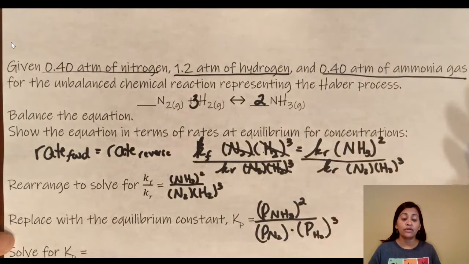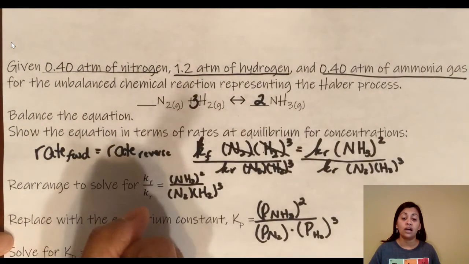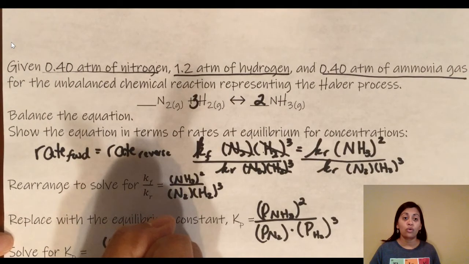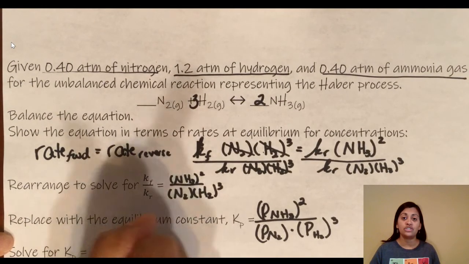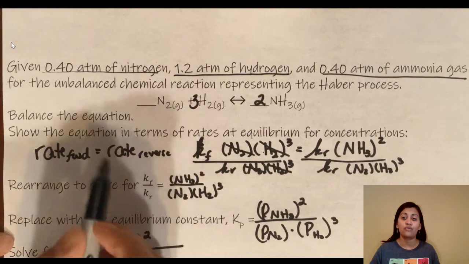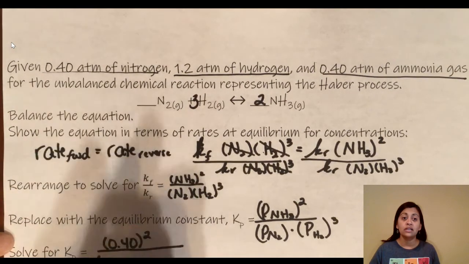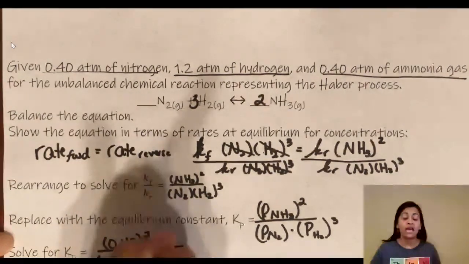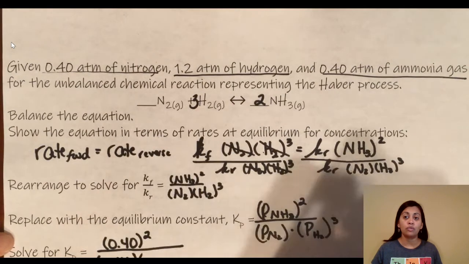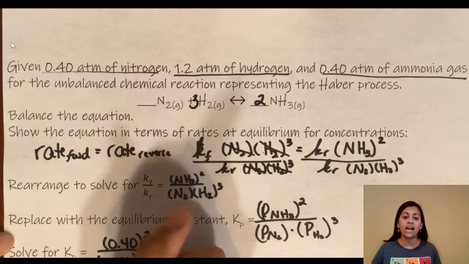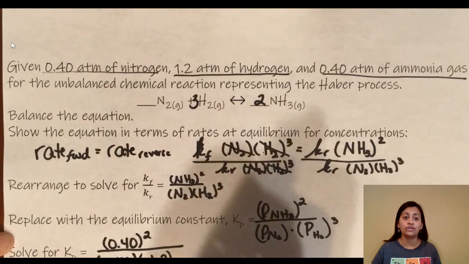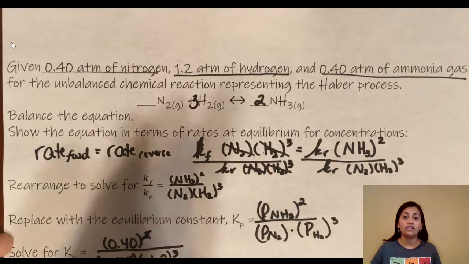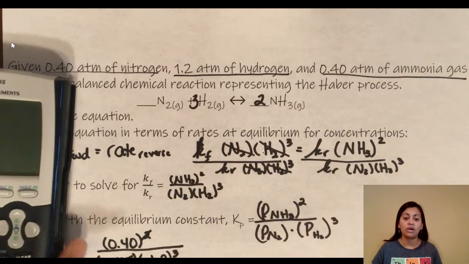Now we're going to solve for Kp and plug in the values. So we have 0.40 atm of nitrogen, 1.2 atm of hydrogen, and 0.4 atm of ammonia gas. So we're taking the pressure of NH3, the ammonia, so it's 0.4 squared, divided by the pressure of N2, which is also 0.4, times the pressure of hydrogen, or H2, and that's to 1.2.